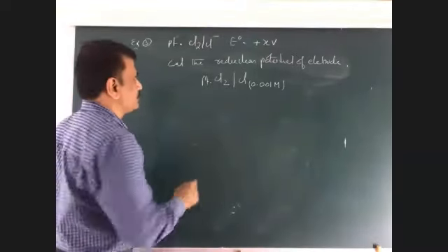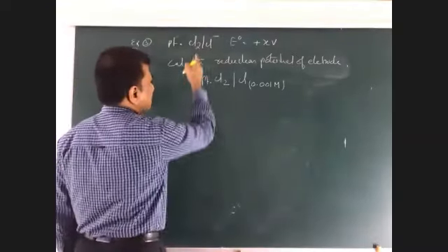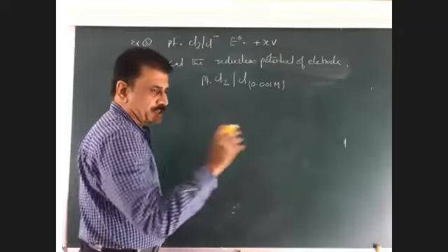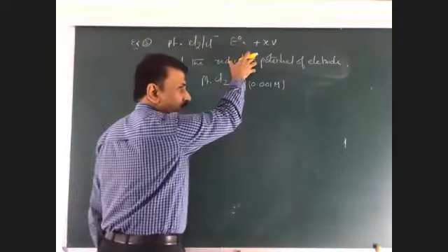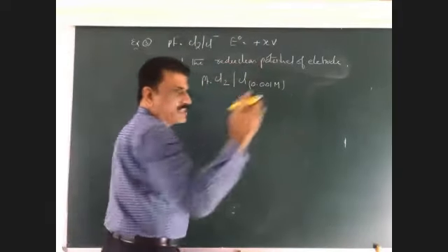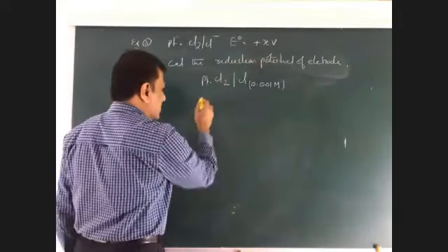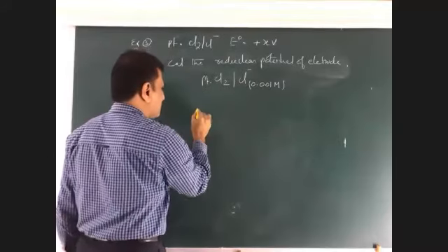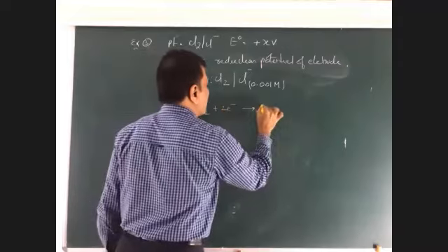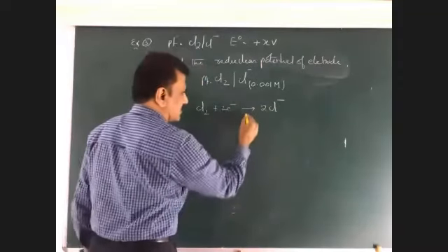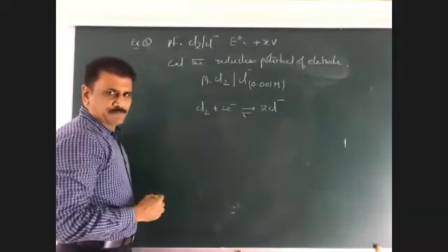Same principle. Now, we have to write which reaction? Reduction reaction. Because we are always concerned with the reduction potential. Question is also in reduction potential. Equation is also in reduction reaction. Now look at this. The reduction reaction is like this. Cl2 plus 2 electrons to form 2 Cl minus in a reversible way.